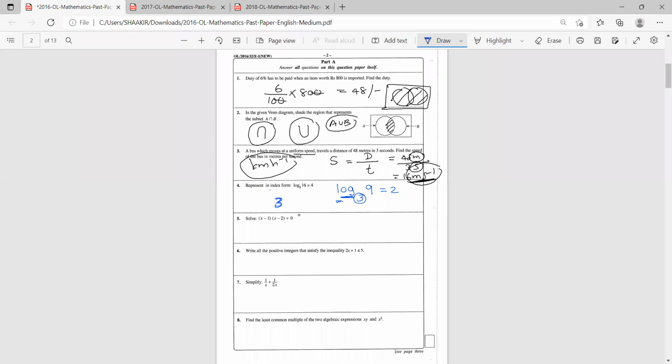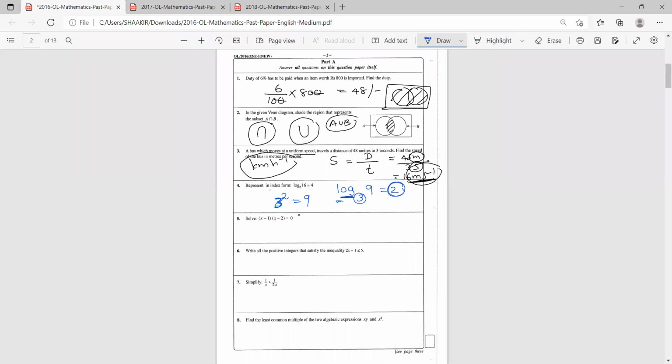Write the base first, and this number only will come as a power. So 3 to the power 2 is equal to 9. This you can easily identify because they have given it in numbers like this. In case they give it to you in algebraic terms also, you should be able to do that. So 3 to the power 2 is equal to 9.